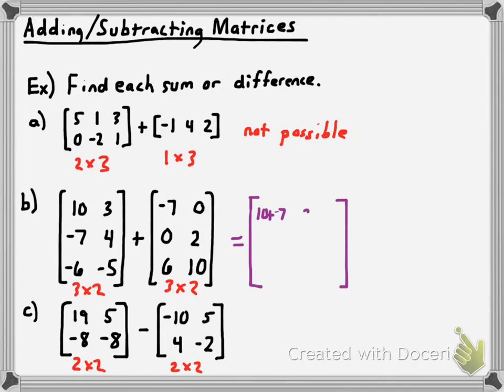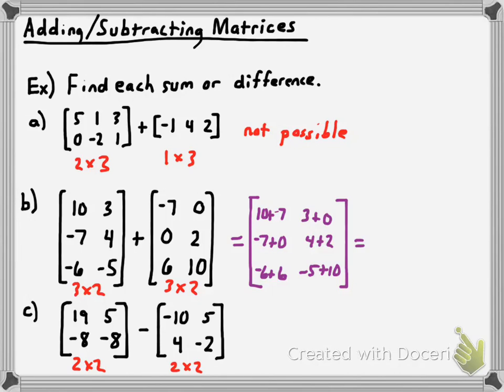And then here we'll have 3 plus 0, and so forth. -7 plus 0, 4 plus 2 goes here, -6 plus 6 goes here, and -5 plus 10 goes there. Now, the resulting matrix from adding or subtracting matrices has the same dimensions. This is also going to be a 3-row and 2-column matrix.